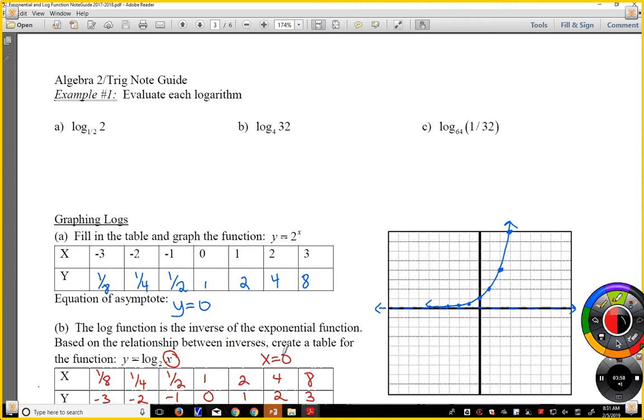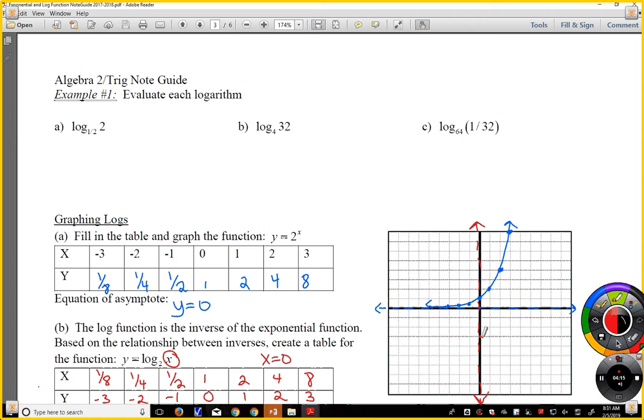Okay? So I'm going to go ahead and plot these points so that you guys can see it on the same graph as the other. So here's my x equals 0 asymptote. And then I can go ahead and plot those points. 1/8, -3.